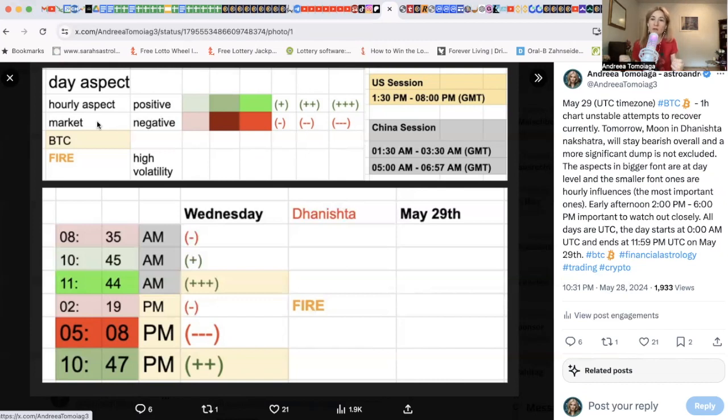If we have transaction volume and we have a fire from Bitcoin and from the market at the same time, and they are close to each other in the day, then for sure we will have a big dump or pump. It depends also on the other aspects that are present in the day and around the fire.